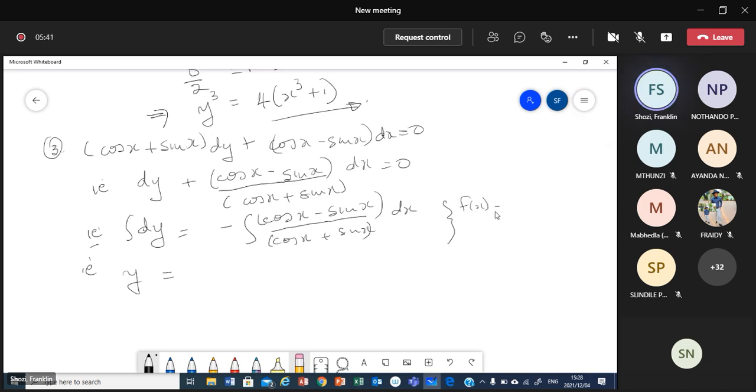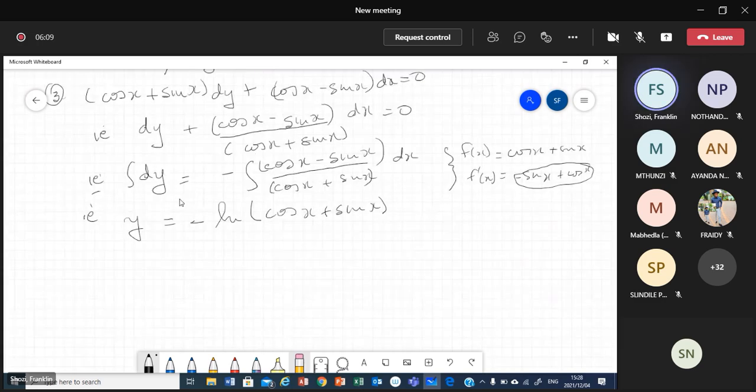My f of x is cos x plus sin x. What is f prime x? It is minus sin x plus cos x. And this whole term is that. So my answer is minus ln of the denominator, cos x plus sin x.